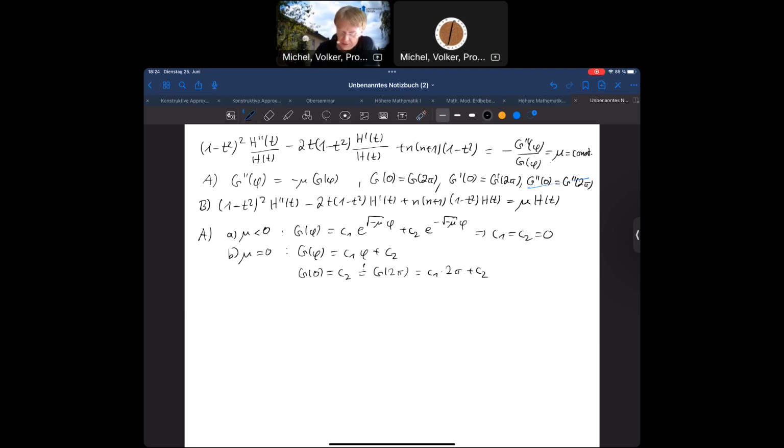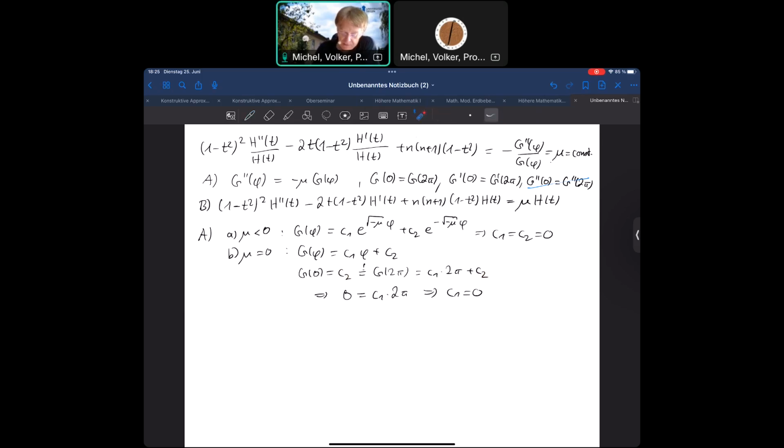If you subtract C2 on both sides, you get 0 equals C1 times 2 pi, and therefore C1 is 0.